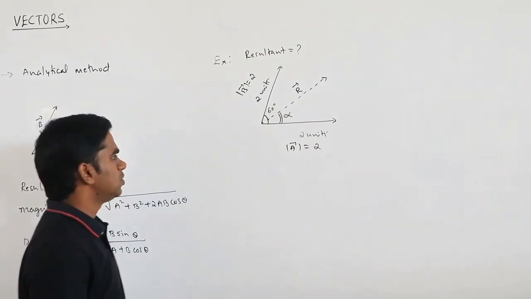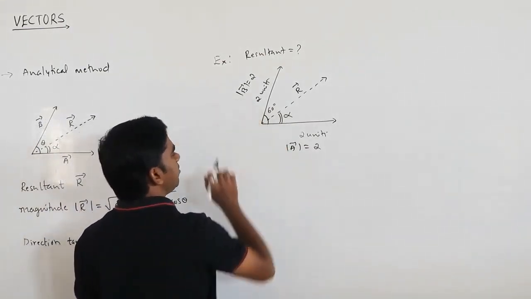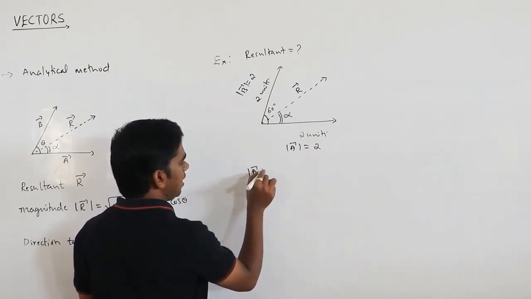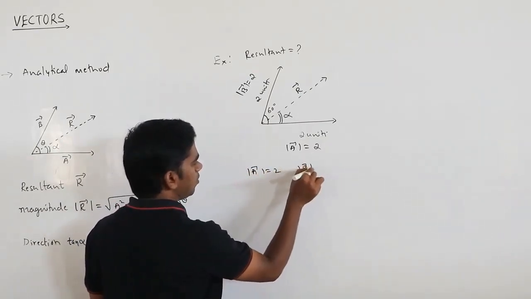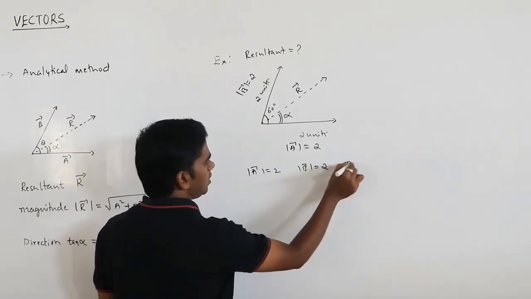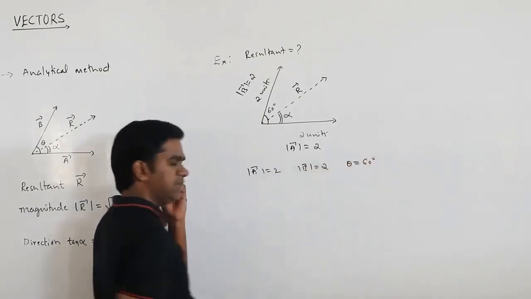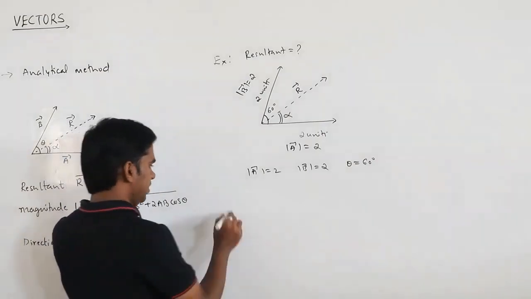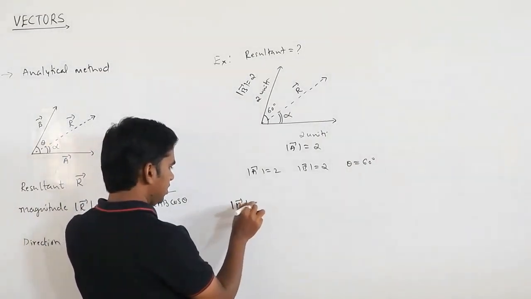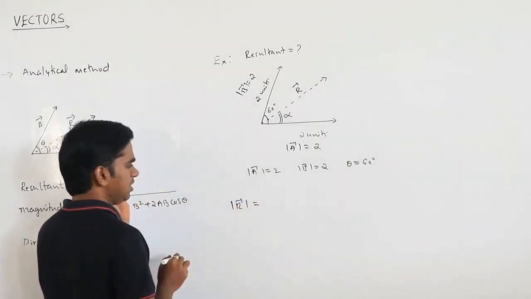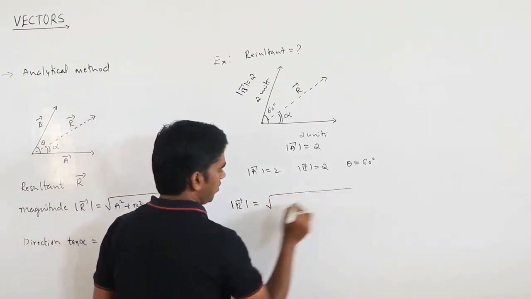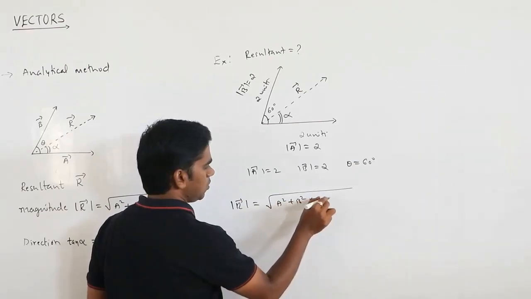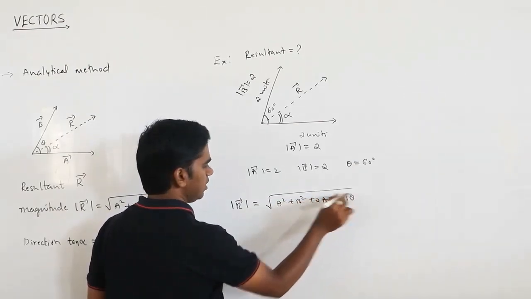This you can take as vector A, and this you can take as vector B. Now you have the magnitude of A as 2 and the magnitude of B as 2, and theta is 60. So first we have to find the magnitude. The magnitude of vector R, the resultant magnitude, is the square root of A square plus B square plus 2AB cos theta.